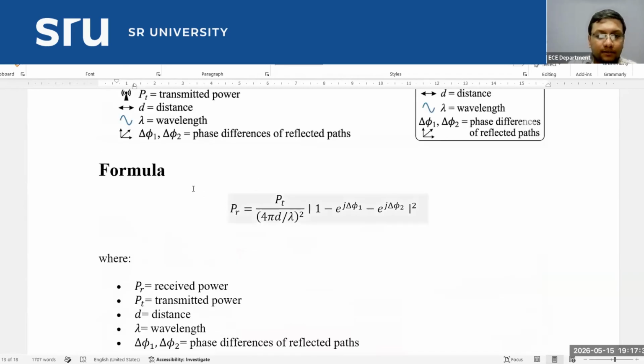So this is the formula. I'm not reading out the formula. You can go through the formula also.